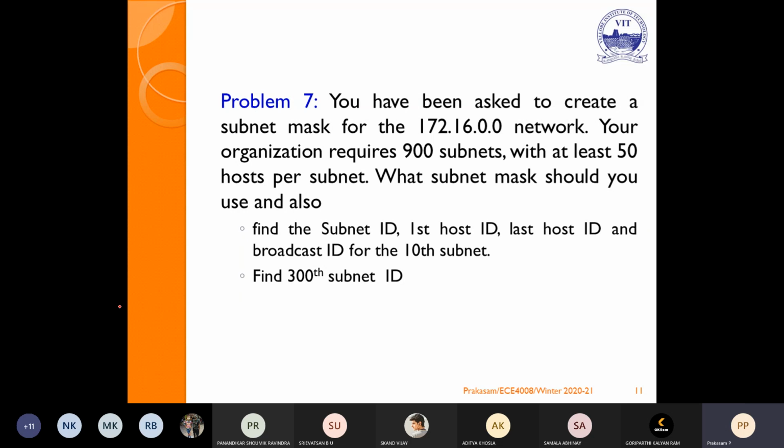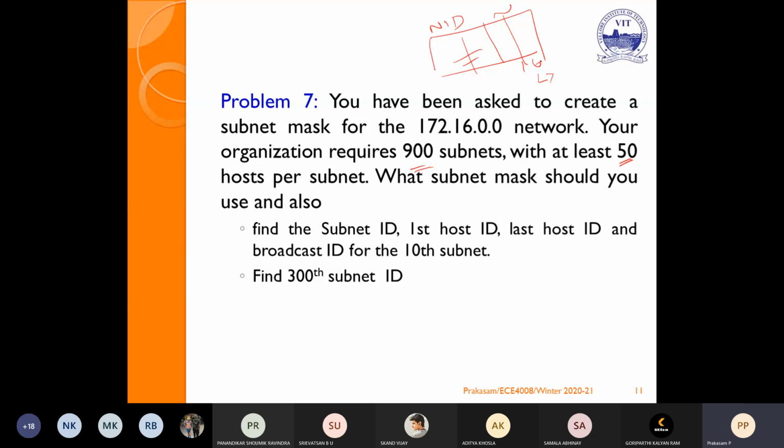Suppose you want to find the 900 subnet, or any subnet, you have to decide the number of bits required. For example, this is which type of class? You have to identify. This is class B. So for class B, the first two fields are for the network. The remaining 16 bits we share for the subnet plus host.